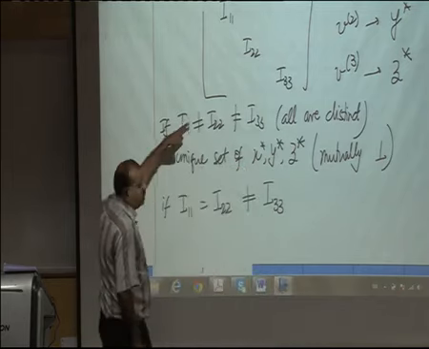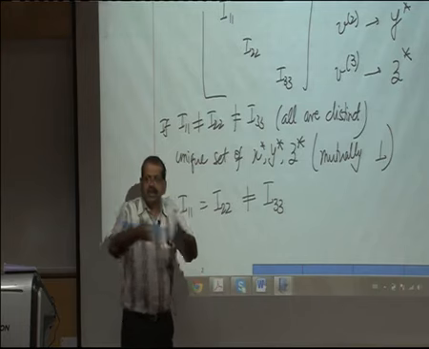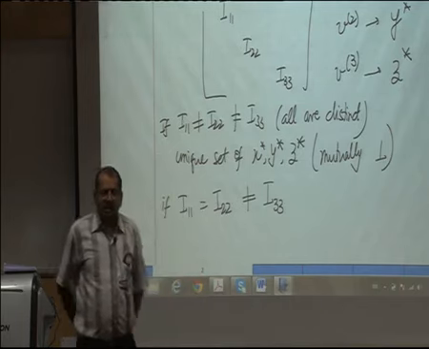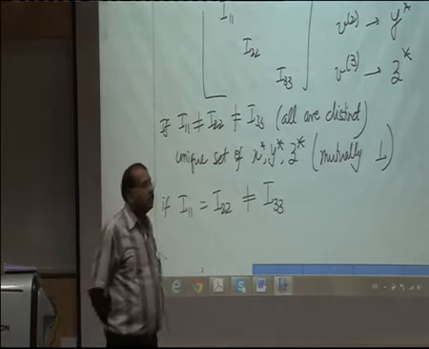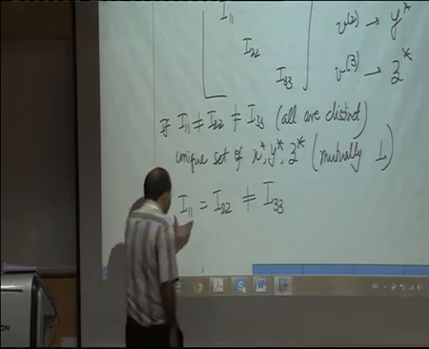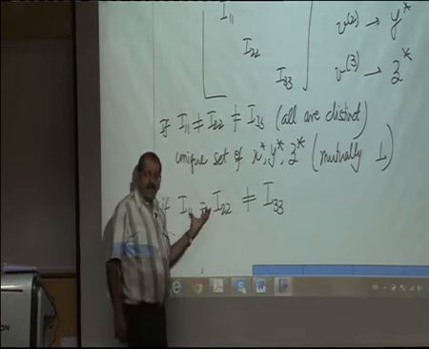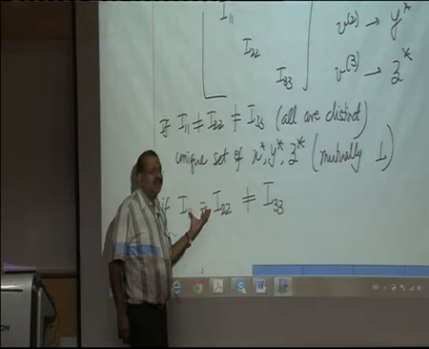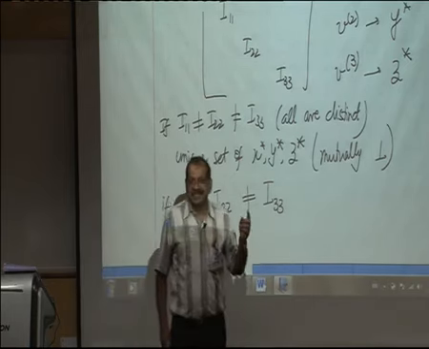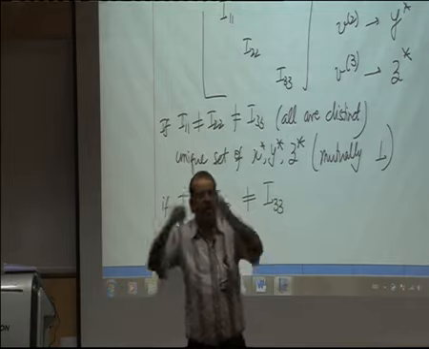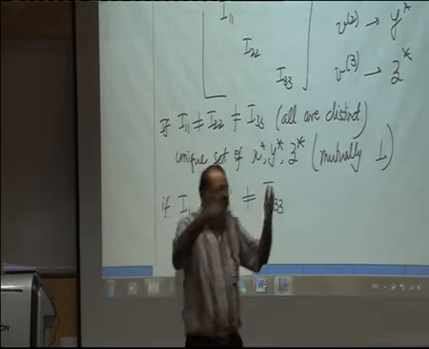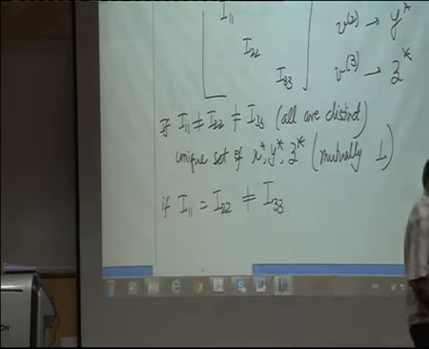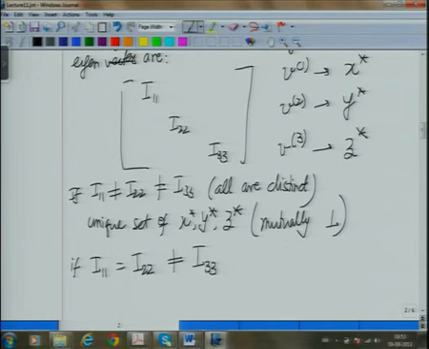If I11 and I22 are equal and I33 is something totally different, then any vector in the 1, 2 plane is what? It is an eigenvector. If I11 is equal to I22 and not equal to I33, probably you will recollect this once you hear this, then any vector in the 1, 2 plane is an eigenvector. Okay, this I am not proving, you refer to your maths.